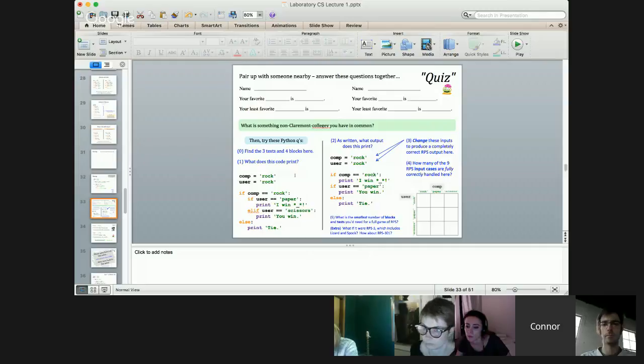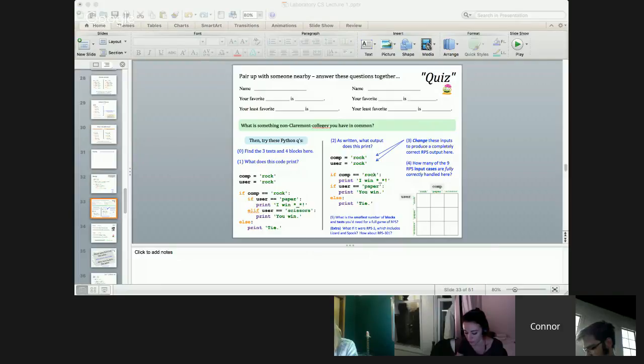What if we change this to paper? Paper, the only output. It would print.